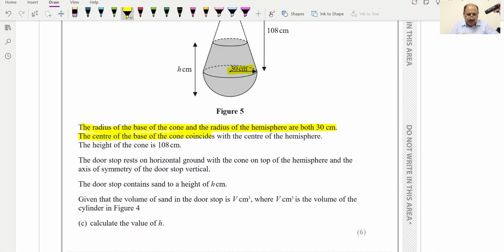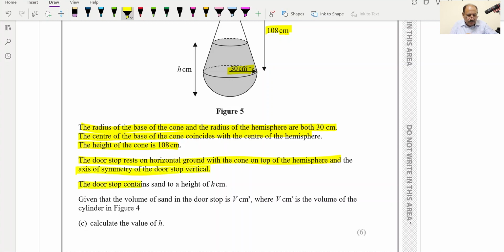The center of the base of the cone coincides with the center of the hemisphere. The height of the cone is 108 centimeter. So this is 108 centimeter. The door stop rests on horizontal ground with the cone on top of the hemisphere and the axis of symmetry of the door stop vertical.